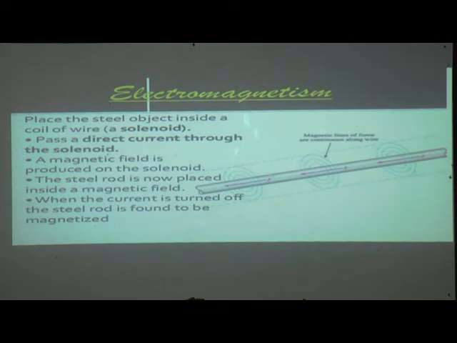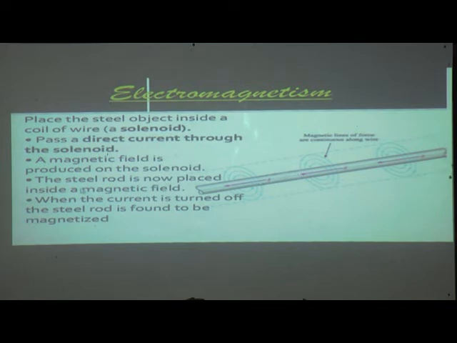So we have to take a coil of wire, and inside that we should keep a steel object, and then pass a direct current through the solenoid. So we have to pass current directly, and what we will see, a magnetic field is produced on the solenoid. So on this solenoid we will find there is an appearance of a magnetic field.